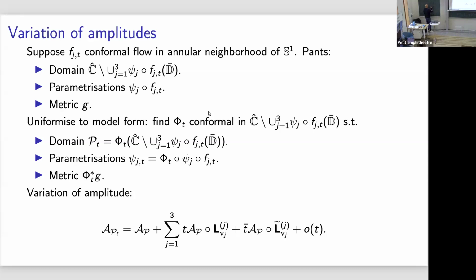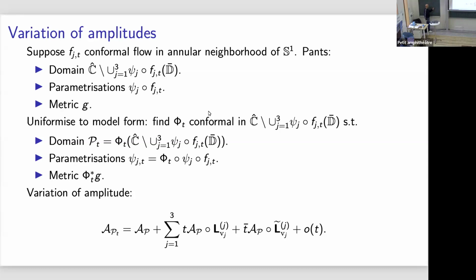If you apply a flow F_j^t in the hole number j, you will deform the boundary, not necessarily shrinking, but you will deform it.